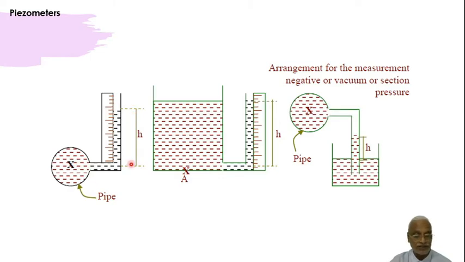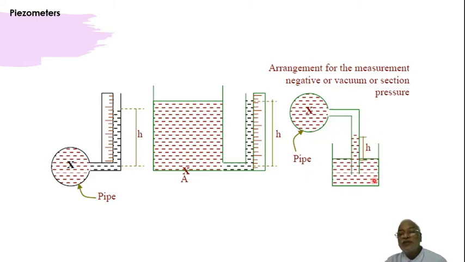Here it is shown as H. So from a pipe we can take a point to measure the pressure, or even from a tank, if you want the pressure measurement, you insert a tube and allow it to go right up to the free atmospheric pressure level. Here also the vertical height difference between the free surface and the point at which the pressure has to be measured is H again. If you want X at the bottom of the tank, you have to go down a little more actually. It is not just H, plus this much also.